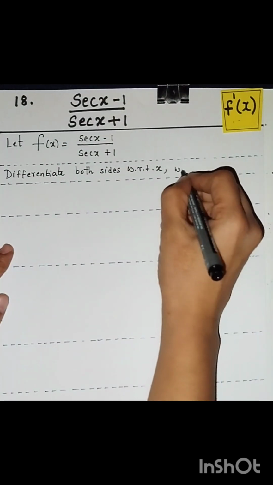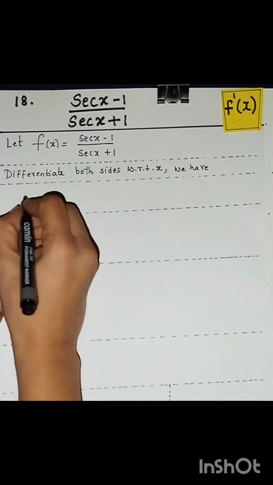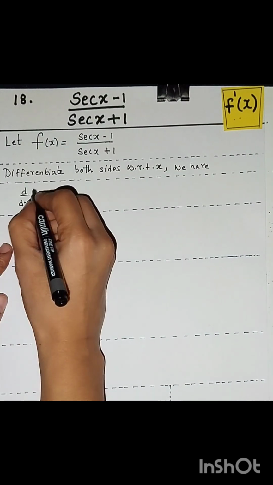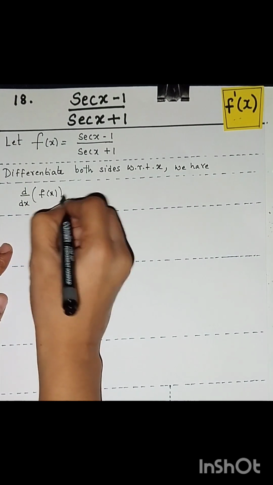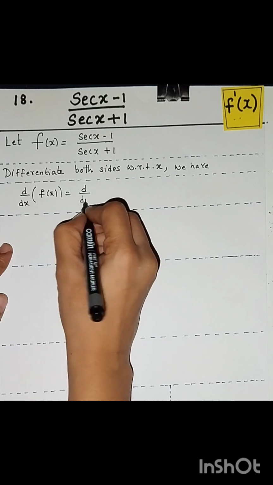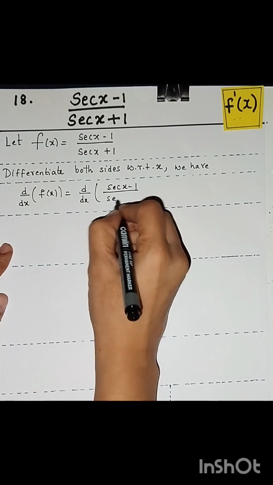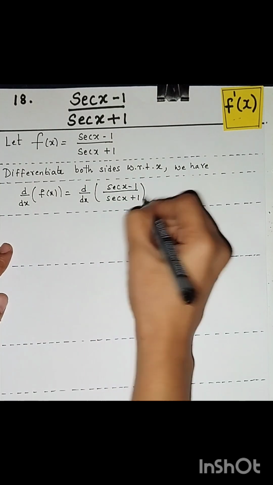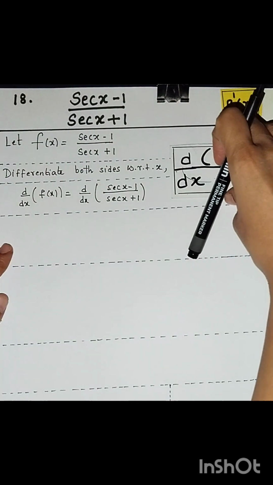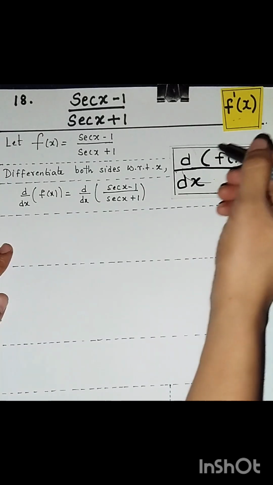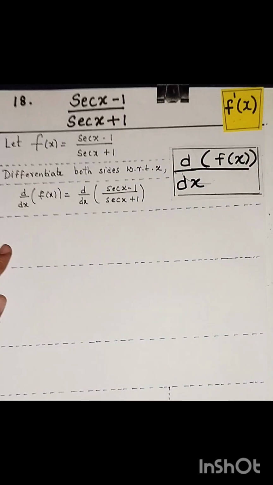We have d by dx of f of x is equal to d by dx of secant x minus 1 divided by secant x plus 1. Now d by dx of f of x is same as f dash of x.